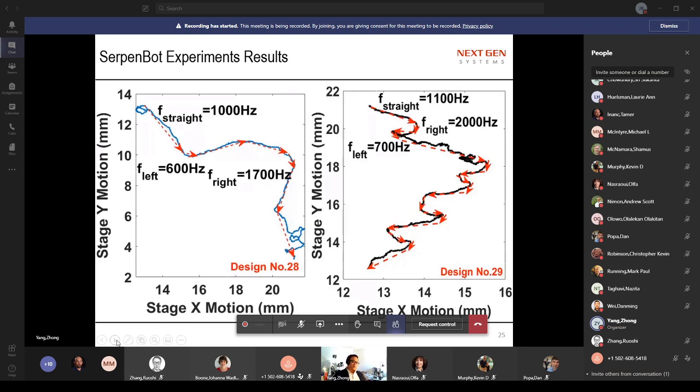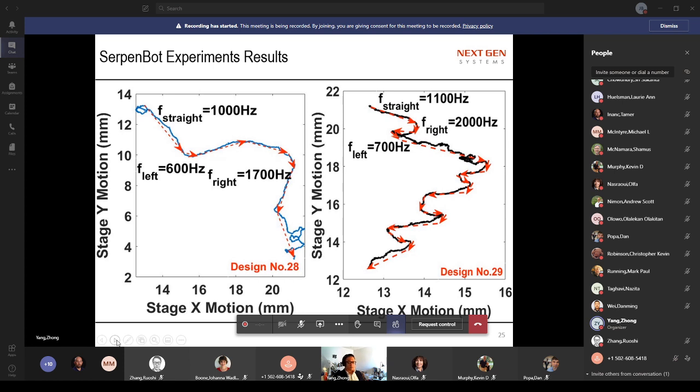So we collected the trajectory of designs 28 and 29. By the way, I have designed a lot of different microrobots with different leg designs and frame designs. Why did I conduct so many different designs?